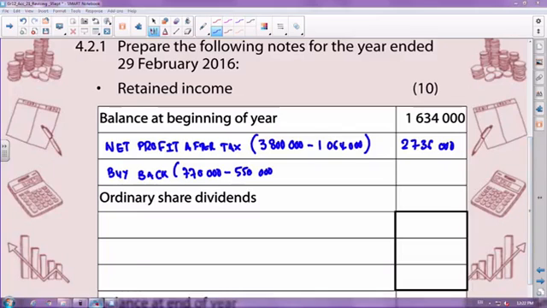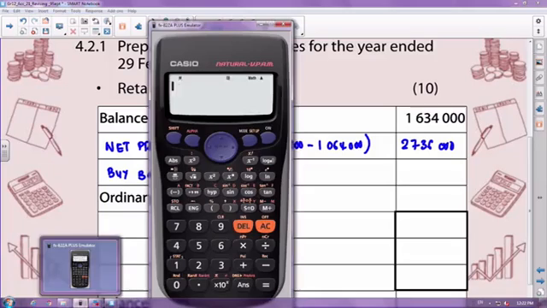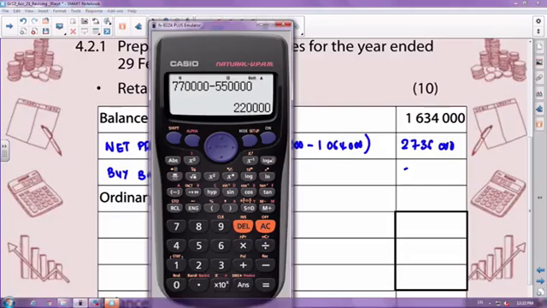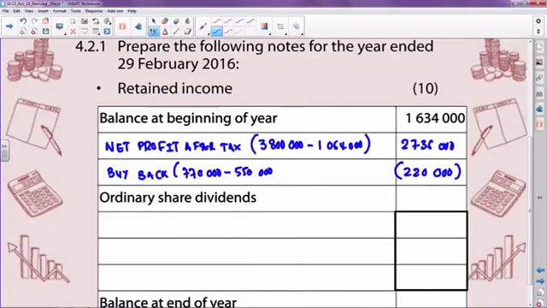Therefore, what we now have is the 770,000 minus 550,123, and that will give me a value of 220,000. Remember that that is the buyback of your share, which is indicated in a bracket. Okay, now watch this. What have you done? You've used the bank figure, you've subtracted the average price, so the price above the average price is what appears in your retained income. Keep that in mind at all times.